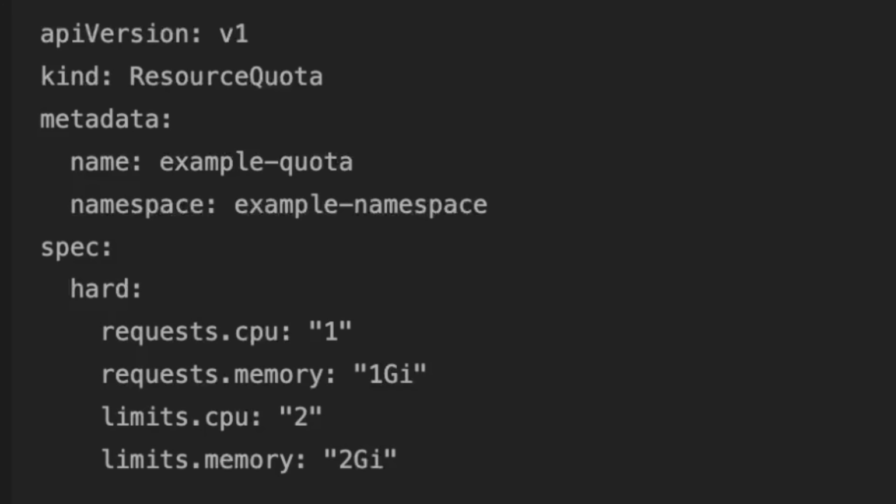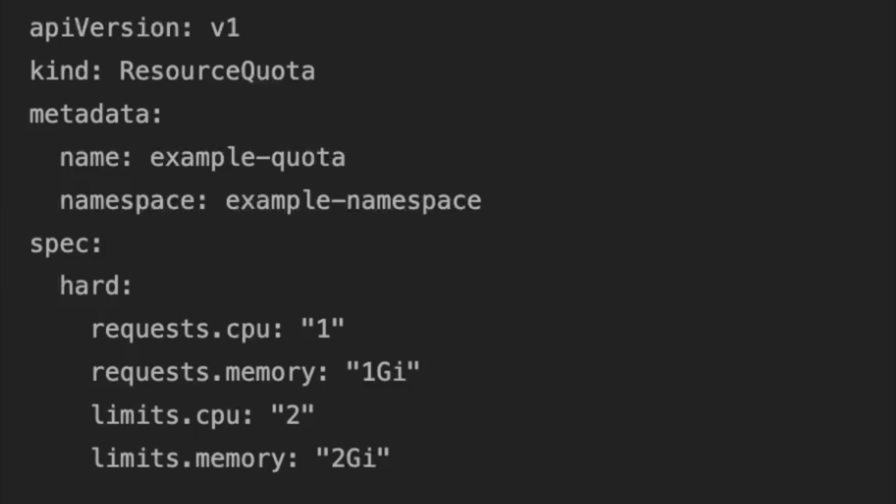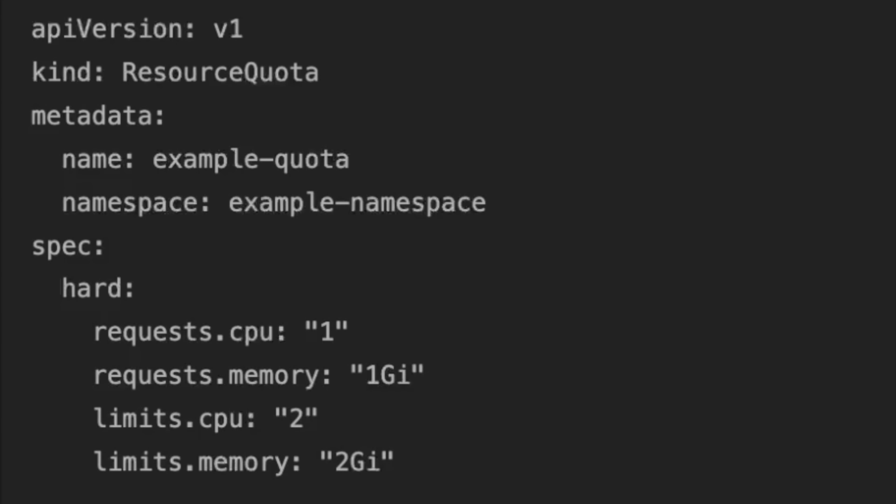Talking about resources, there are other aspects as well: quotas and limit ranges. To manage resources, Kubernetes provides resource quota and limit range. These are at the namespace layer. Resource quota limits the total amount of resources that the namespace can use, while limit range sets minimum and maximum values of resource requests and limits within the namespace.